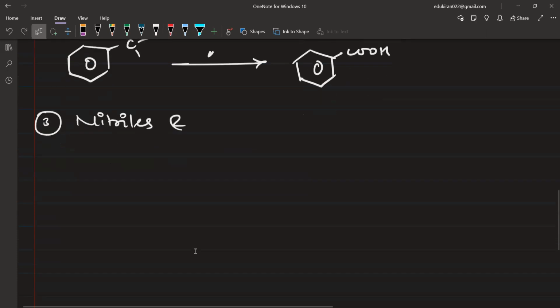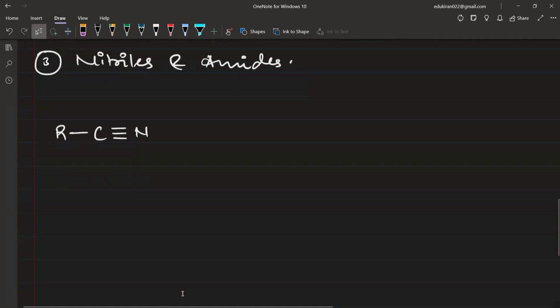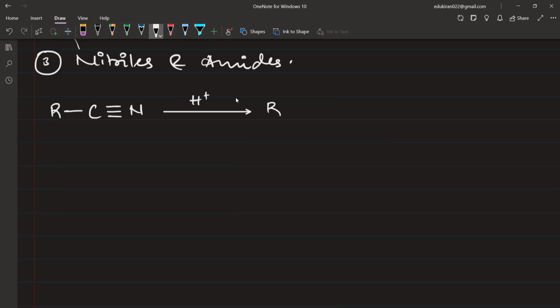Moving on, look at nitriles and amides. So you have a nitrile. You just need water for this, in the acidic medium or basic medium, and that is going to get converted. There is no oxidation happening, just keep that in mind. The CN is getting converted to COOH, that is true, but it is not oxidation. With H plus, you are going to get R, C double bond.